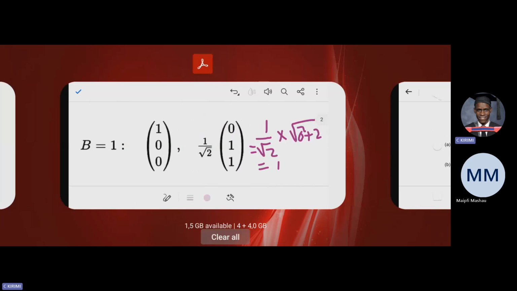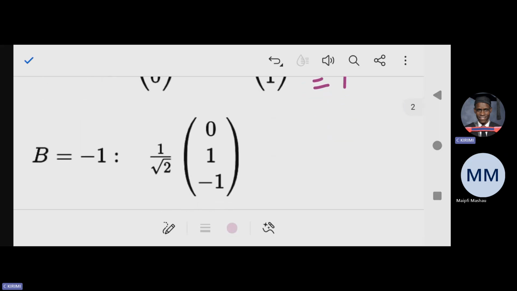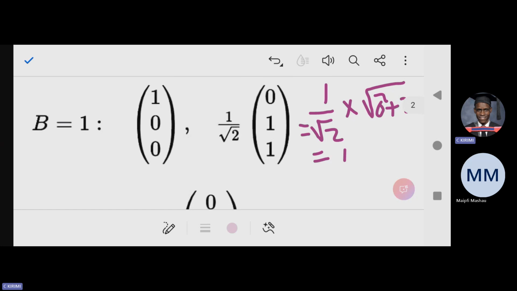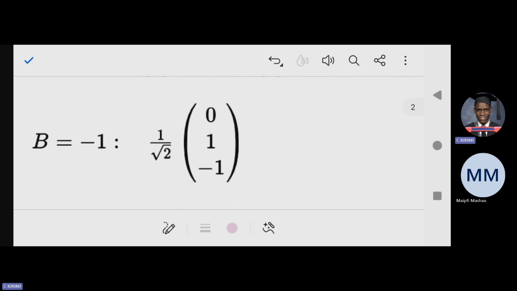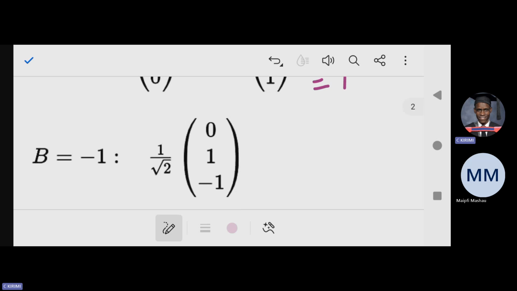So here we want the eigenvector of B where the value is -1: (0, 1, -1). When you put B as -1, you're just multiplying any of the vector inside by -1. Take the negative out, still the same.